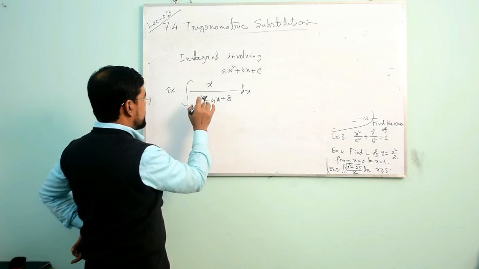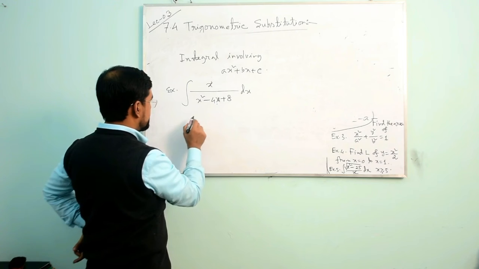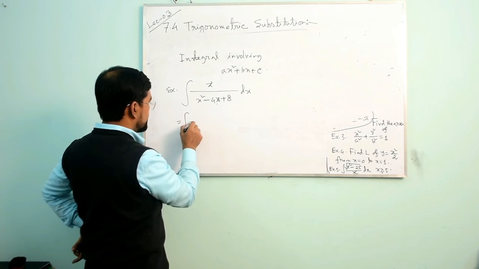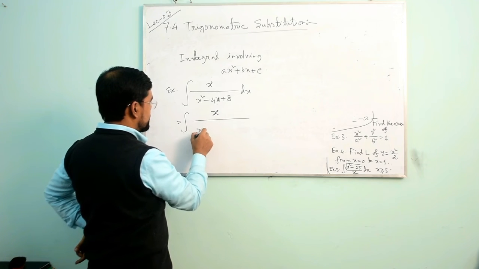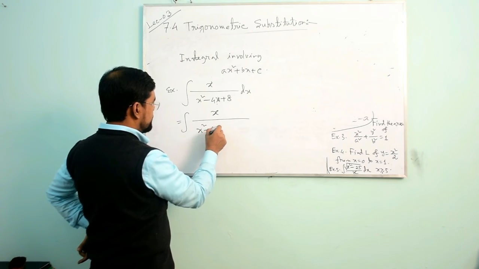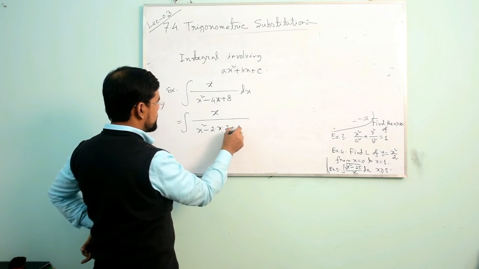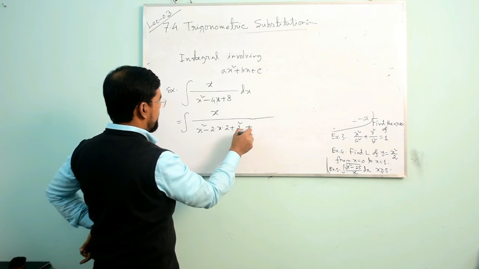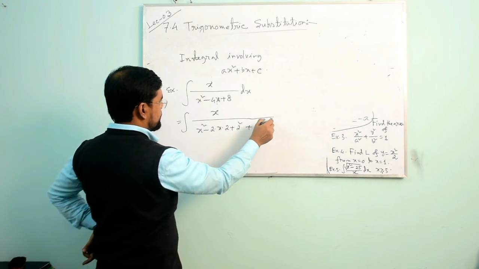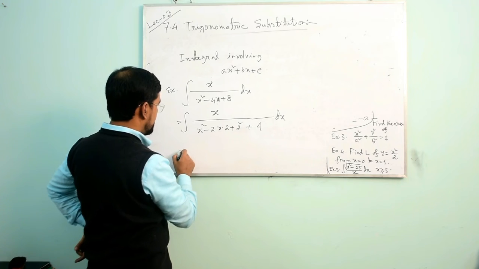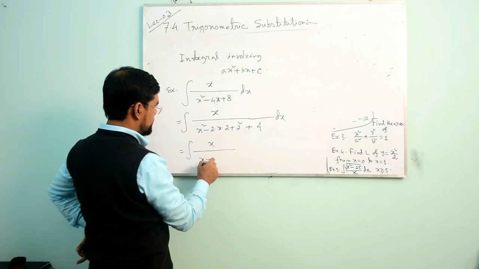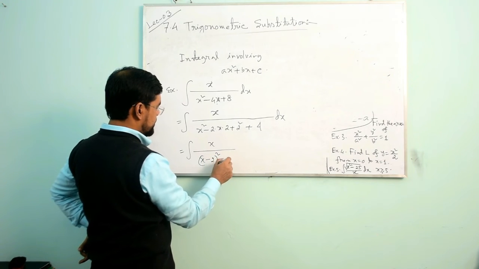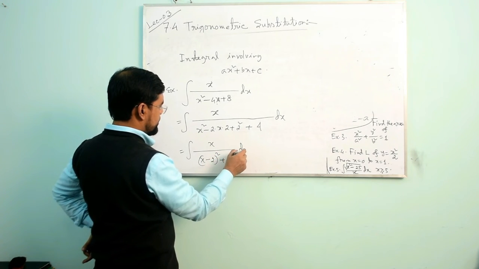If your integral involves an x square plus bx plus c like term, then first you need to make this one a square term. So which will be x square minus 2 into x into 2 plus 2 square plus 4 dx, which is equal to x by (x minus 2) whole square plus 2 square dx.